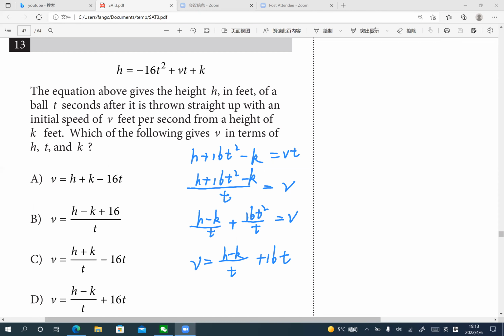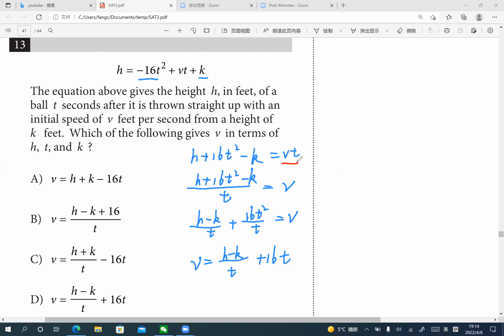We need to rearrange the equation. First, move negative 16t squared and k to the left side and flip the sign. So now the left side is h plus 16t squared minus k equals vt.